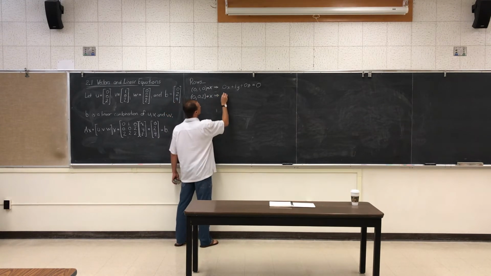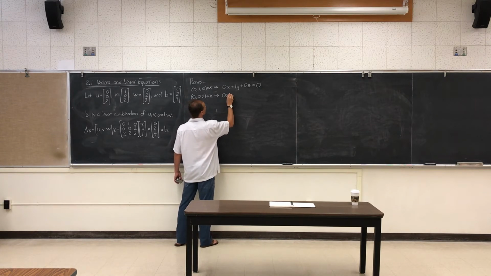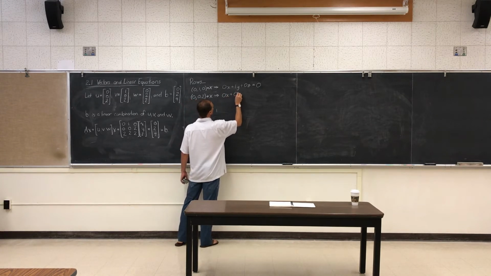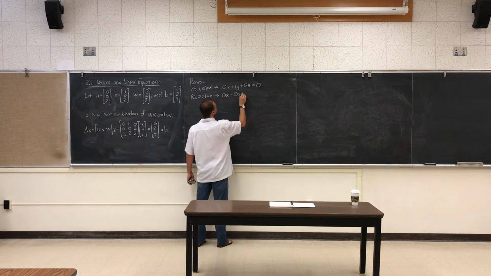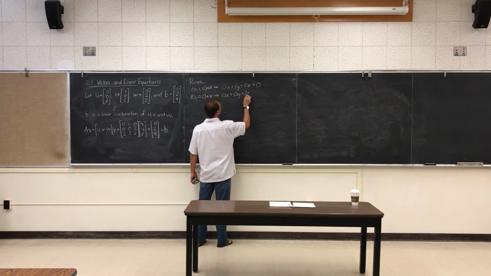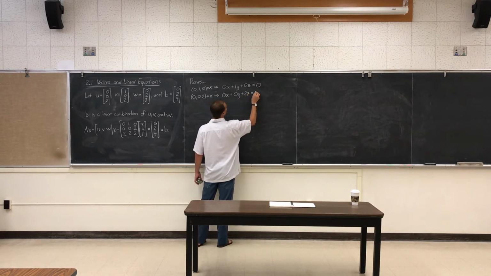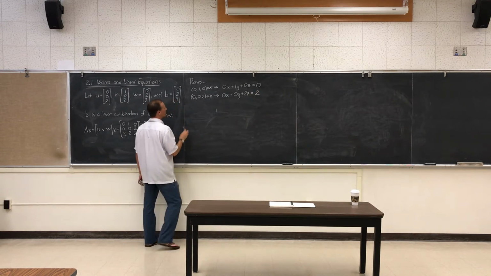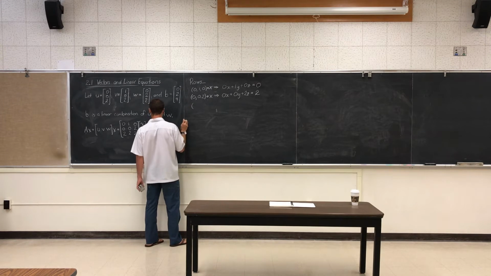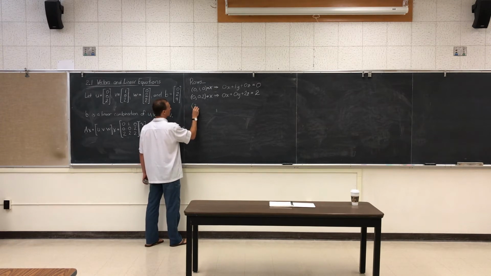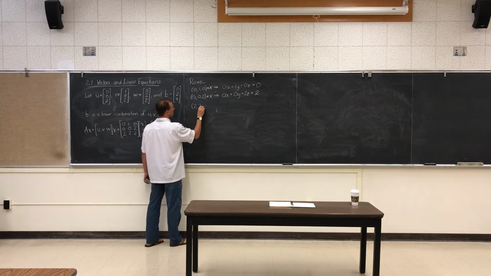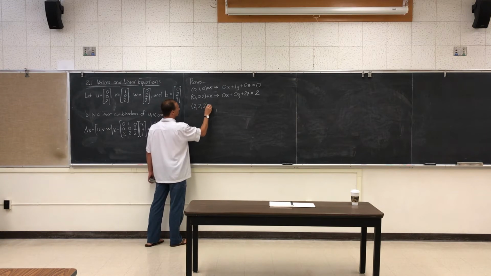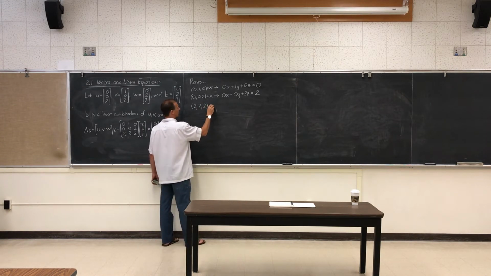So we write 0x plus 0y plus 2 times z, and in this case it's going to equal 2. Our last row is a row of 2's: 2, 2, 2, dotted with x.